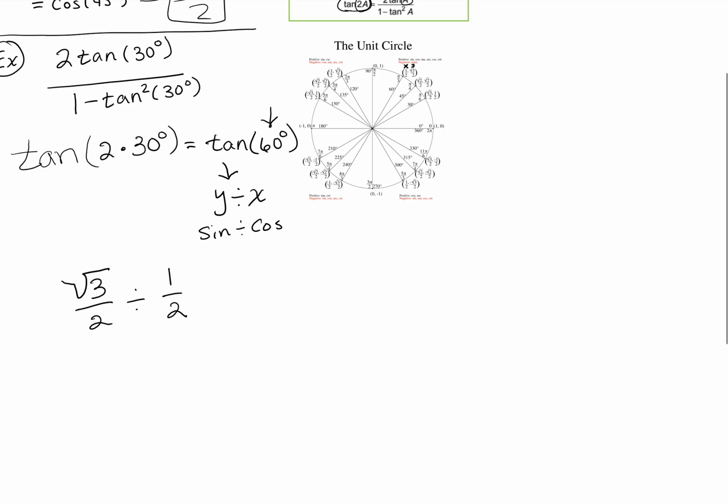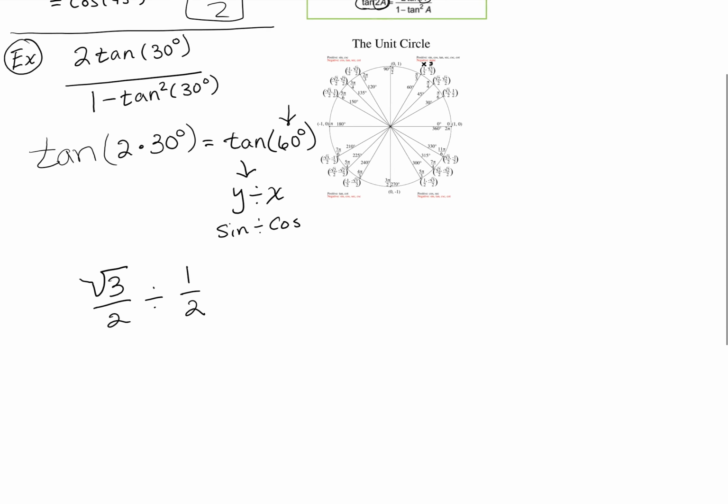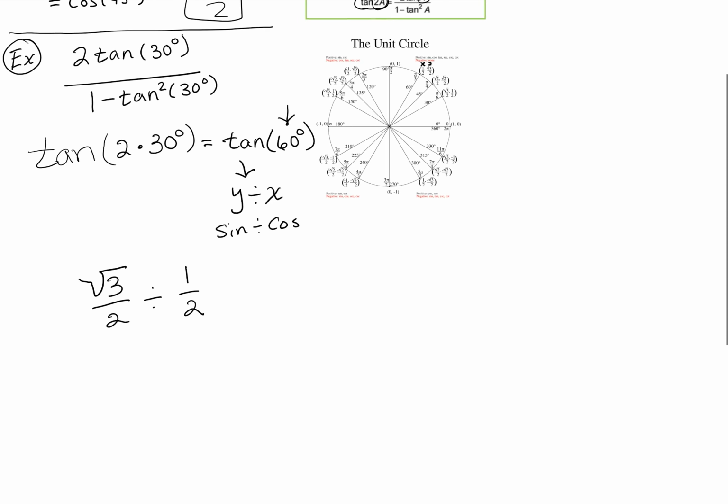Now I tell my students, and I've said this for many, many years, when dividing fractions, always remember KFC. What does that mean? Keep the first fraction, square root of 3 over 2. Flip the second fraction, so 1 over 2 becomes 2 over 1. And then change the sign from division to multiplication.